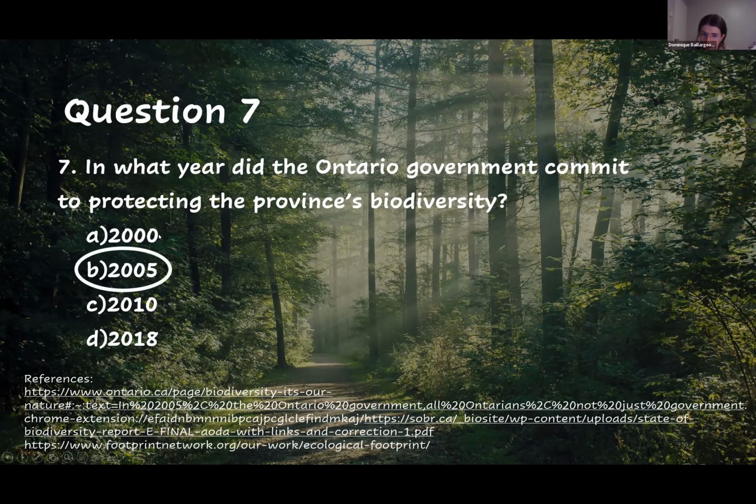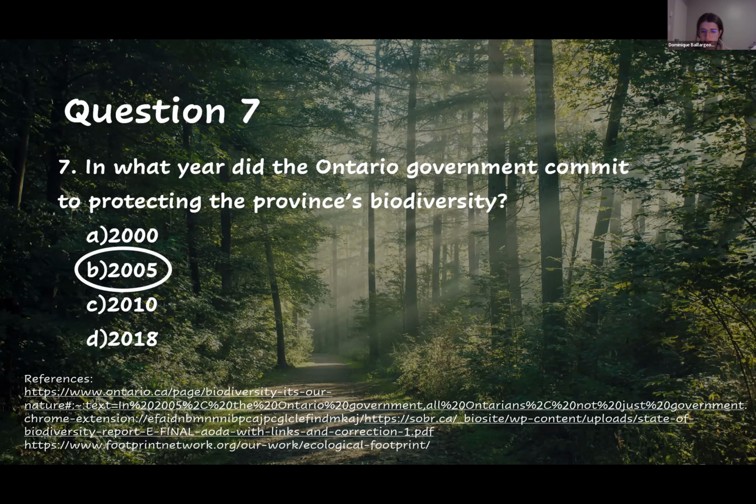In 2005, the Ontario government made the strong commitment to biodiversity conservation through the development of the first biodiversity strategy. It concluded that the protection and sustainable use of biodiversity is a shared responsibility for all Ontarians, not just the government. So essentially this guided implementation through shared responsibility and collective action, and it led to the development of a renewed strategy.